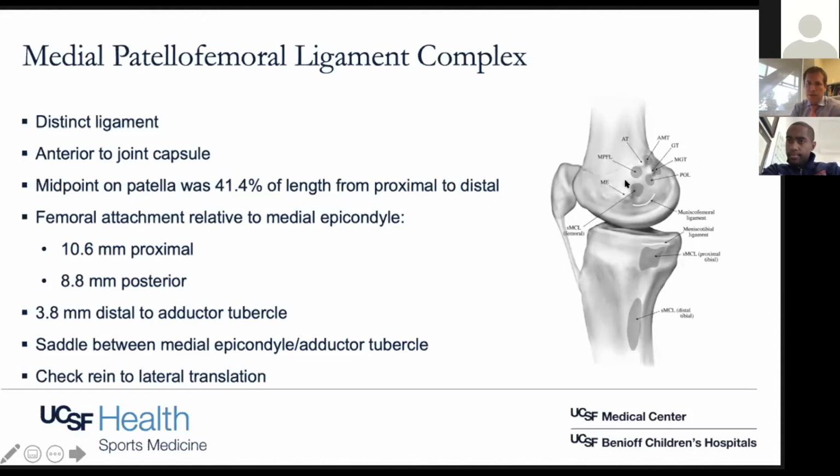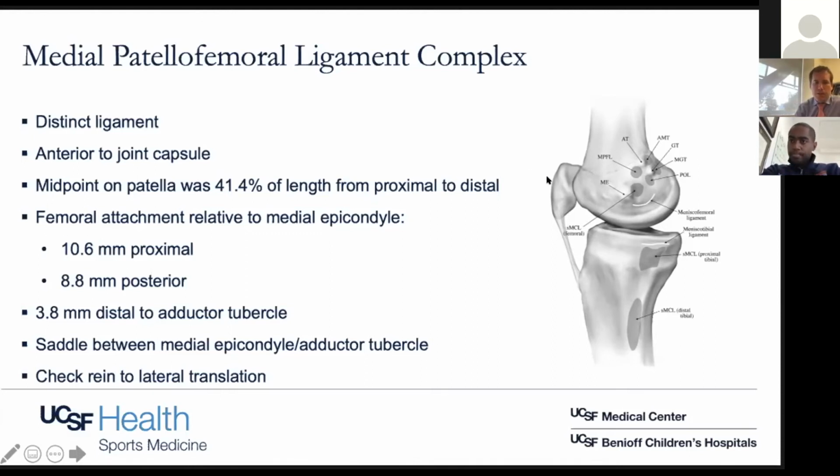Intraoperatively, you can feel the adductor tubercle and the medial epicondyle well as surface anatomy. And then there's a saddle area where the MPFL attaches, and that's the relationship we're looking to reconstruct.